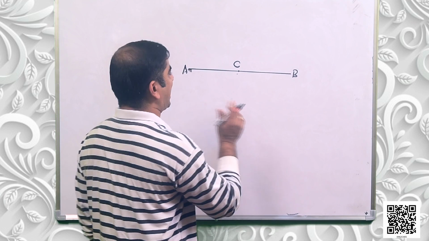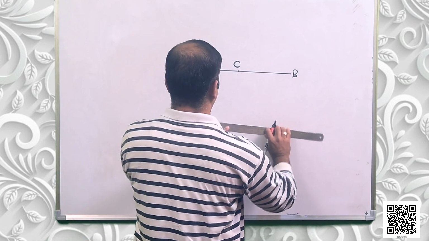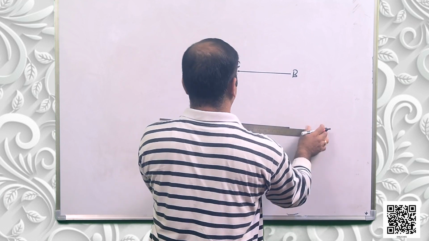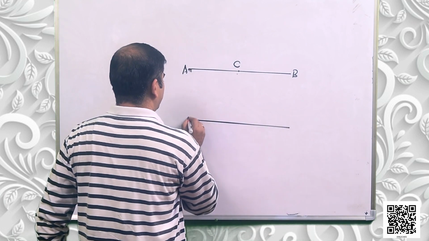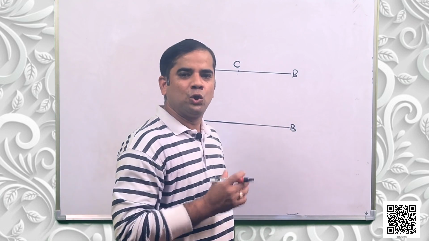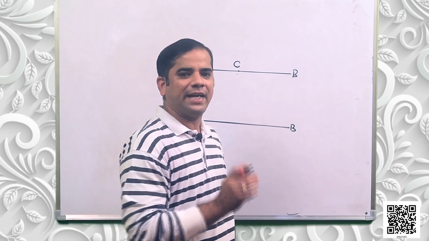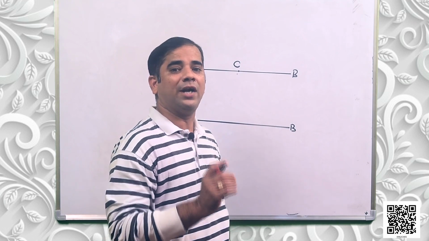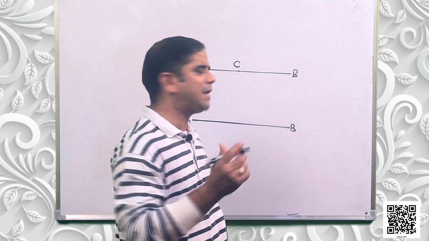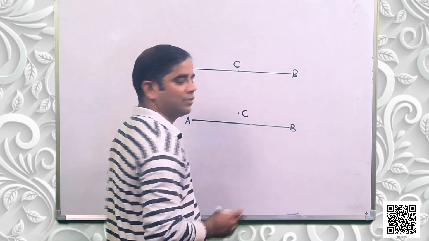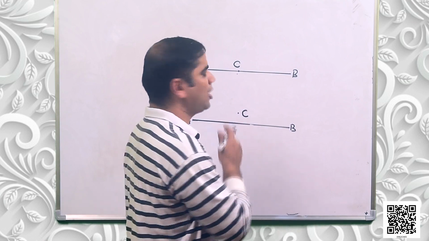If we consider line segment AB, so point A and point B, there are 2 distinct points A and B, and the postulate says that there exists at least 3 points that are not on the same line. So we can have a point C over here. We can definitely have a point C over here.